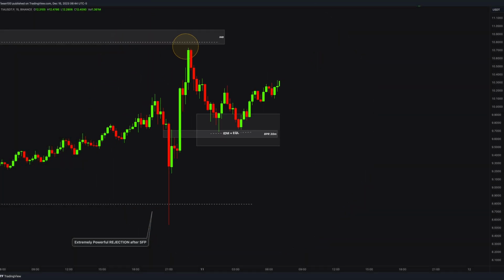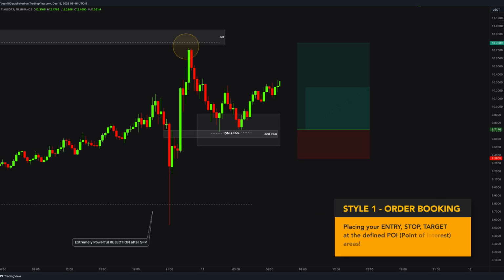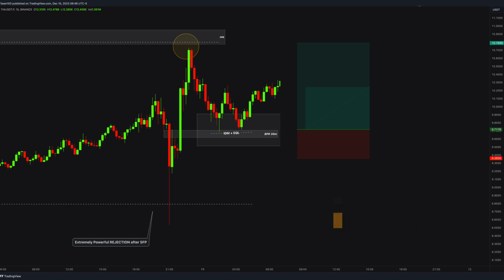Right now, I'll show you 3 different methods. First one, order booking. Basically, placing your entry, stop loss, and target at once. If you completed the masterclass, you'll know how to do this in the risk management section. My most ideal stop loss in this example is under this order block.